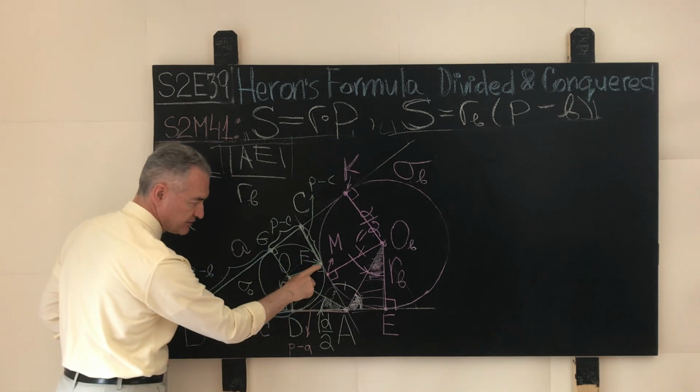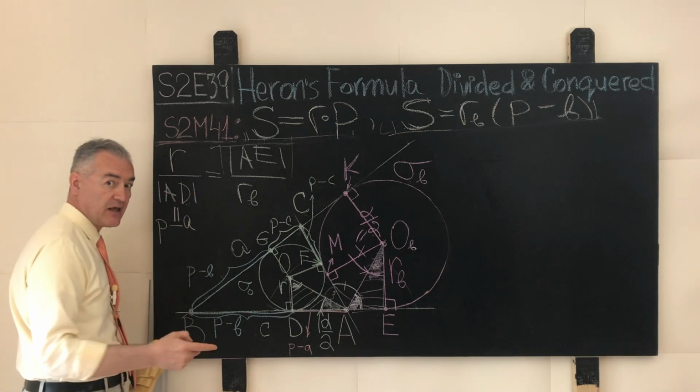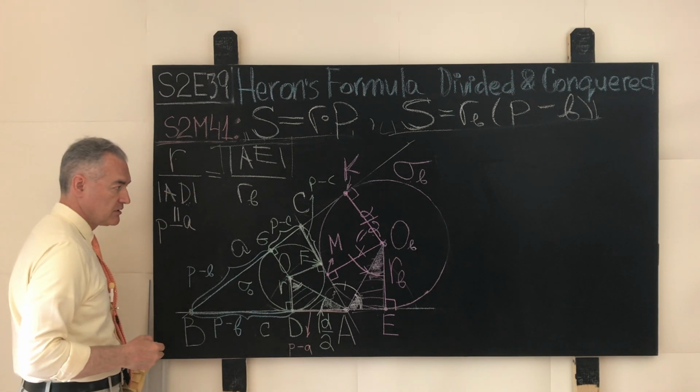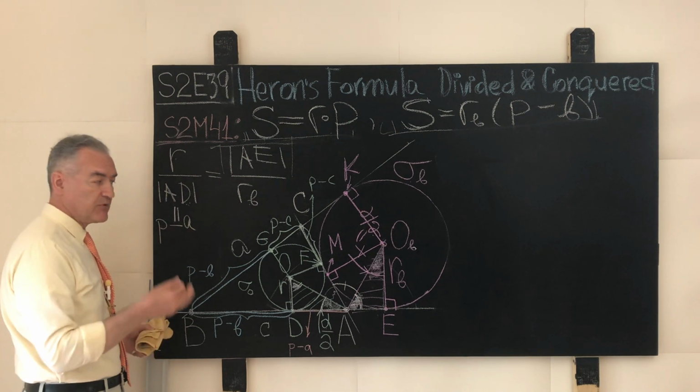And the same thing, the distance from F to A and F to D is P minus A, and that's how you will construct the nice diagram that I showed to you guys before the beginning of the previous segment.